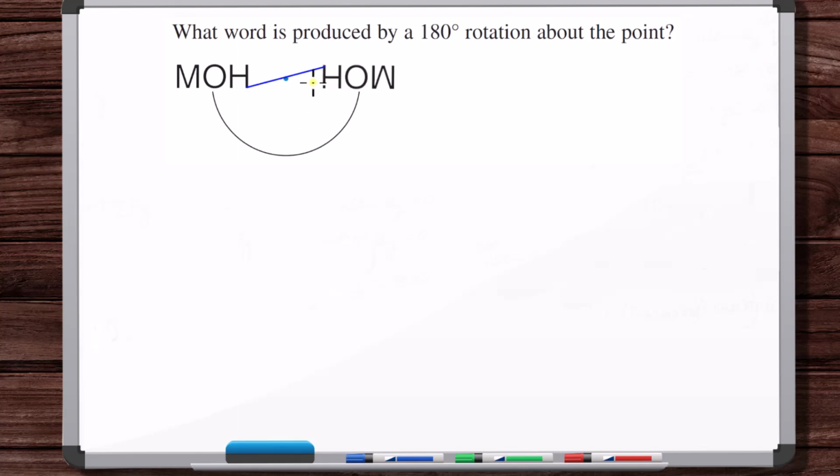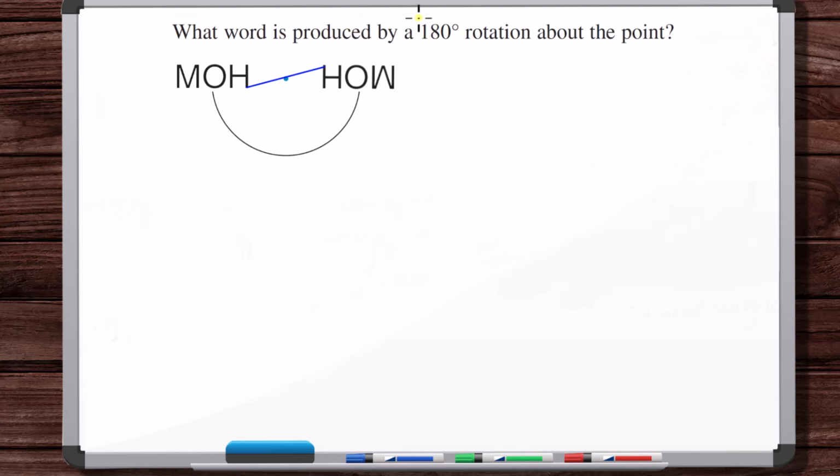So if this was a 90-degree rotation, then we would connect the corresponding point to the point of rotation, and the angle between these two segments would be 90 degrees. But in this case, it's going to be a straight line because it's 180 degrees.